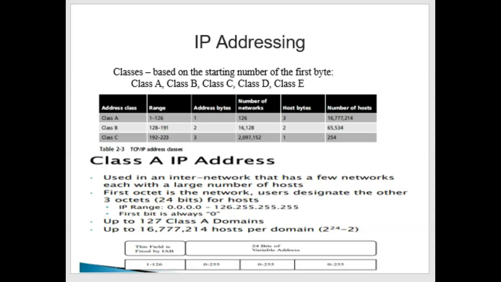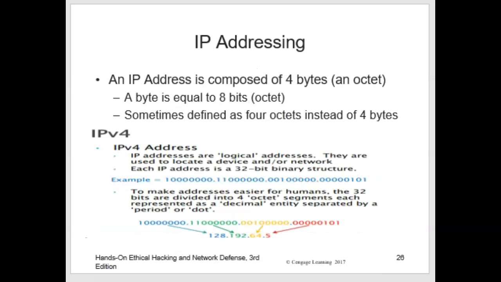Let me move the slide just a little bit here. So the IP address looks like this. It's these 4 bytes we call octets, and they're separated by decimals. You see octet, octet, octet, and octet. And remember, these are just bits.